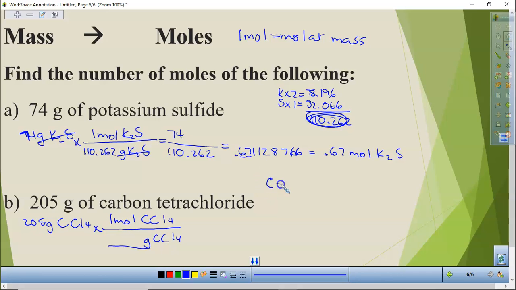So 1 carbon is 12.011, and 4 chlorines is going to be 35.453 times 4. It's a lot. 141.812. Then I'm going to add these two together. And I get 153.823.